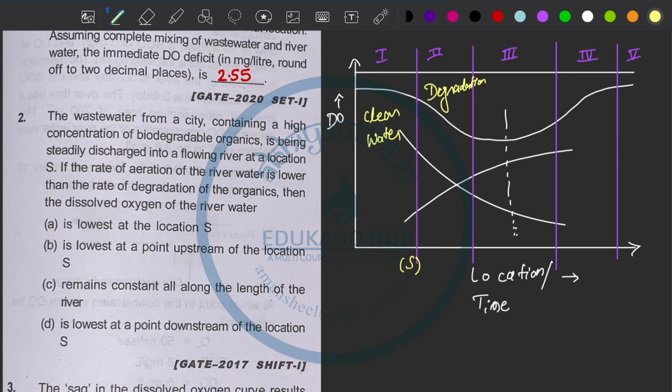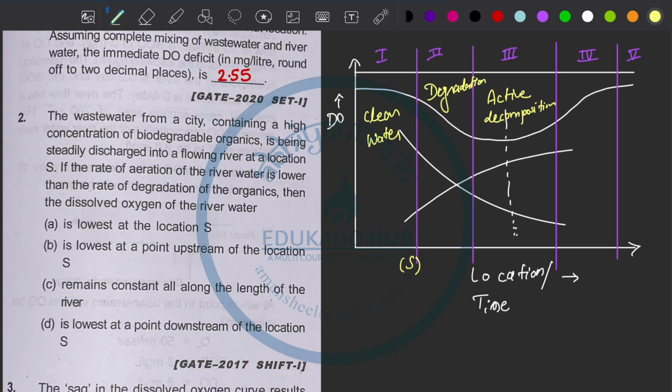Next we have the zone of active decomposition. This zone is heavily polluted. Water is very dark in this zone and turbid.